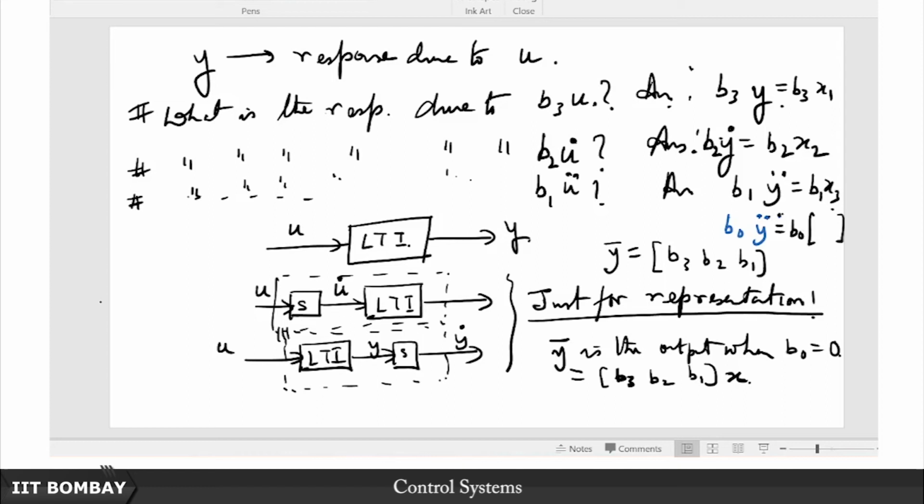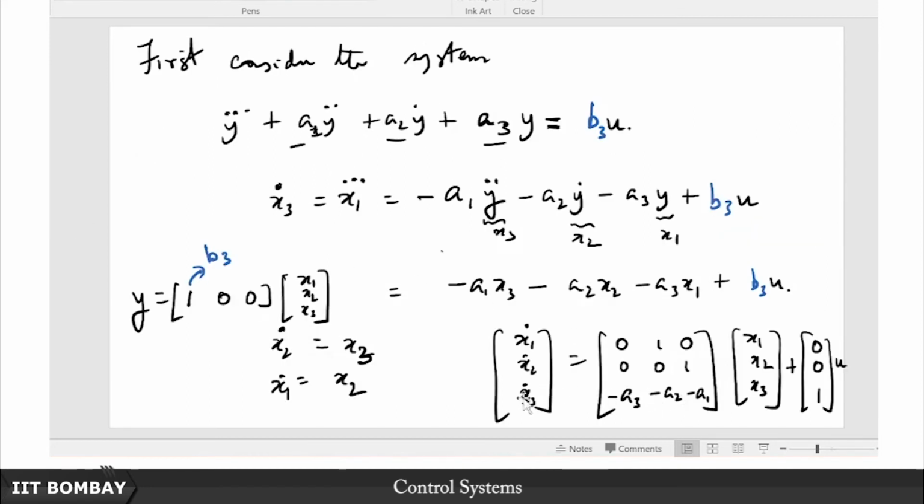What is y triple dot's expression? It is captured in this third row here, plus this u. Now what about this third row? You cannot keep this x1, x2, x3 free as it is.